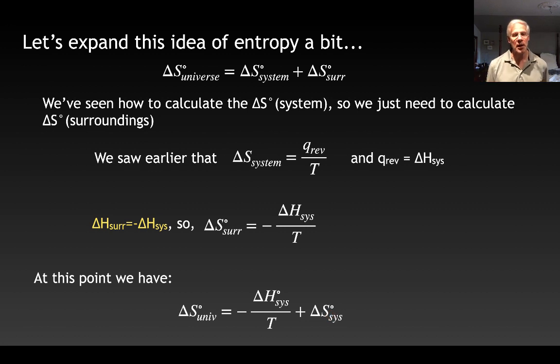So now we are able to calculate the change in the delta S of the universe using only values that we obtain from the system. And that's really important because now we don't have to worry about the surroundings, because the surroundings are just too daunting. Once we got everything focused down to the system, now we can actually do some calculations. And we're going to explore that in the next set of slides.